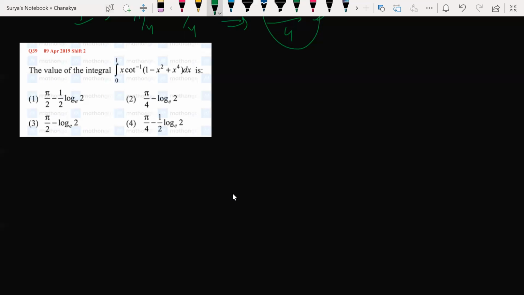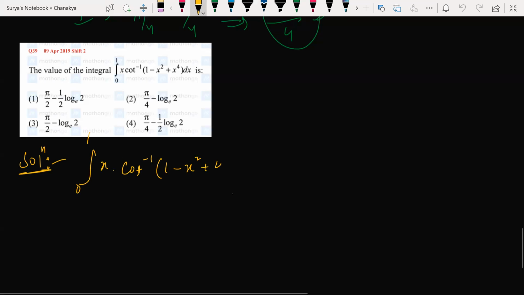Look at this very simple problem. The integral from 0 to 1 of x into cot inverse of (1 minus x square plus x to the power of 4) into dx.